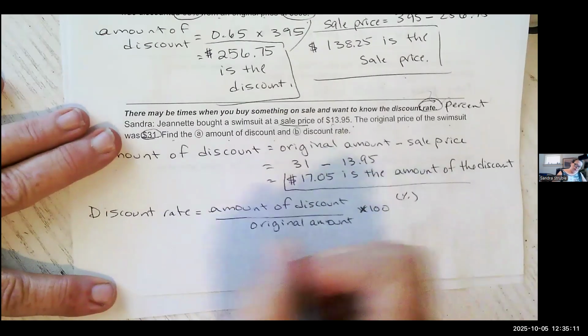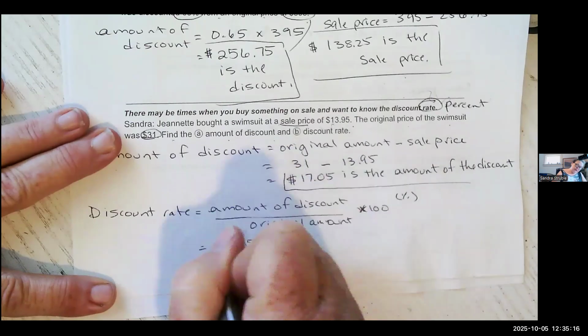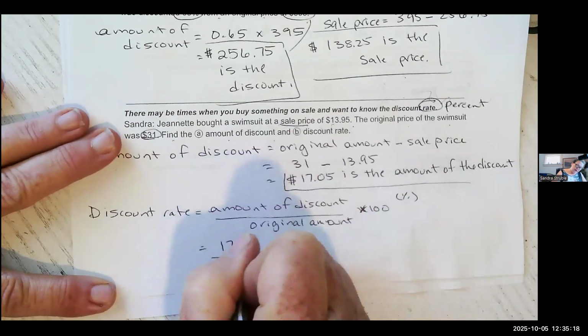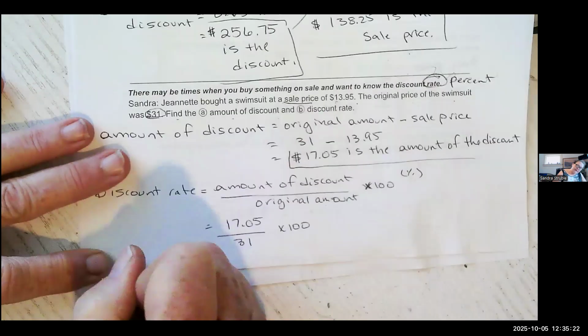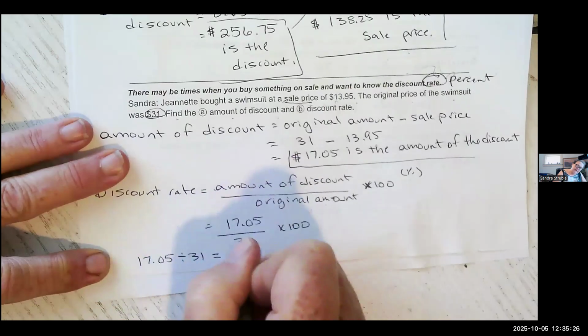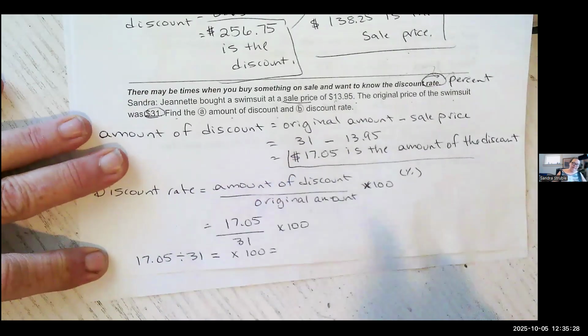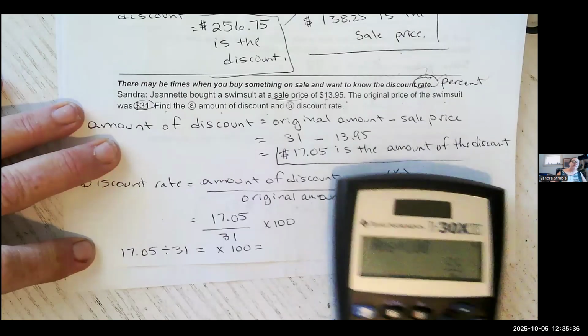So we're going to go 17.05, which is the amount of the discount, divided by the original amount of 31 times 100. To put this in your calculator, 17.05 divided by 31 equals, and then times 100 equals. Feel free to do that along with me. 17.05 divided by 31 equals times 100 equals, and I got 55.